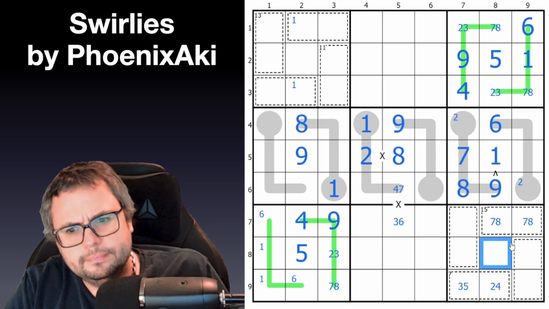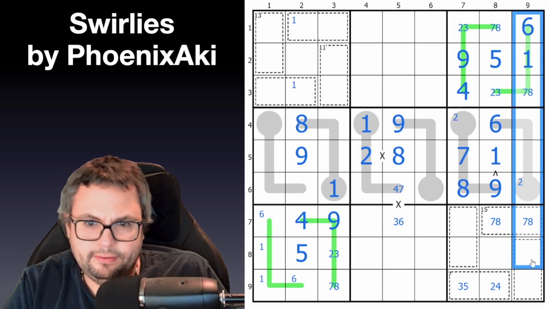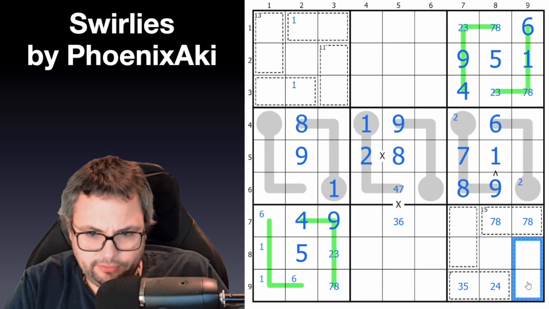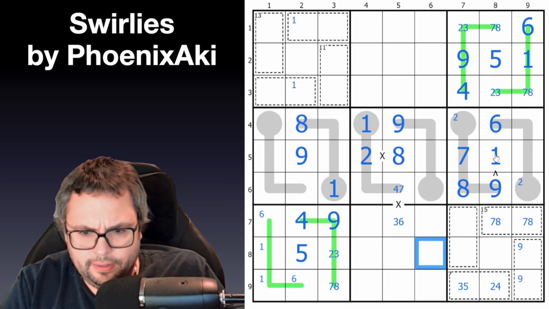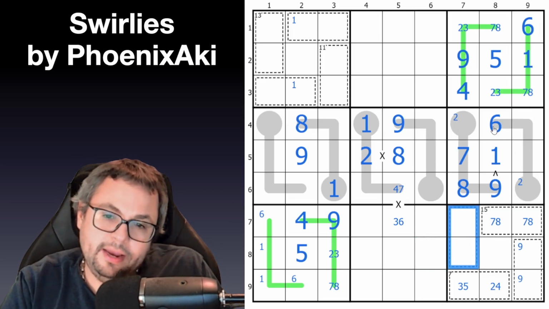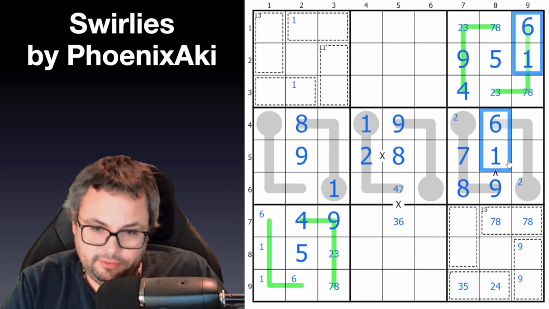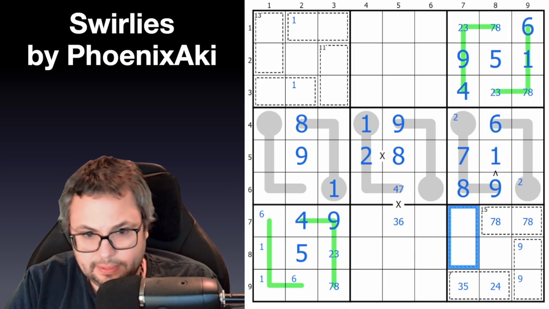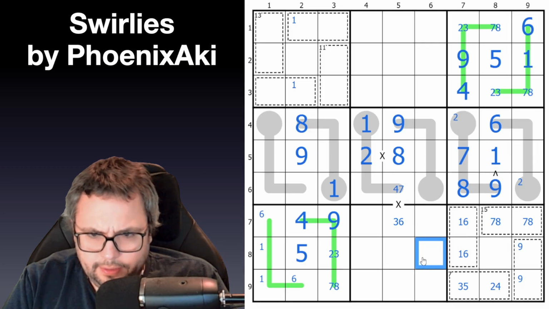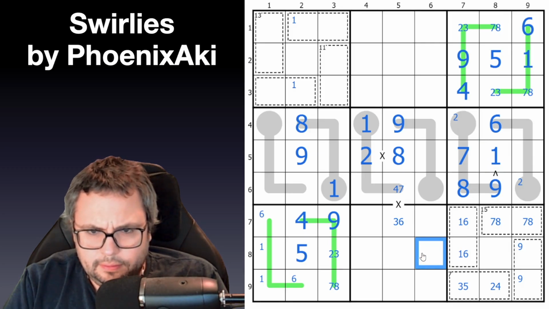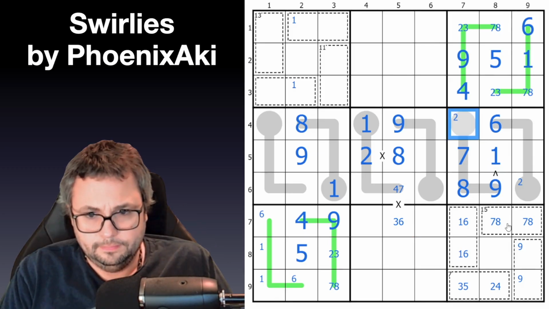Let's see, the 9 in this column we actually now know is down here in this cage. The 1 and 6 are here now, just by asking where 1 and 6 go in box 9. They go there. Let's see.